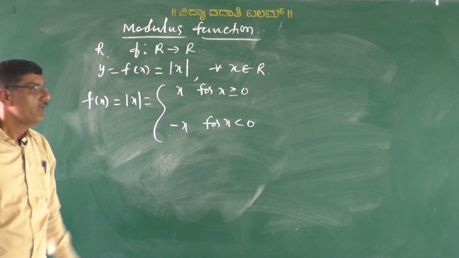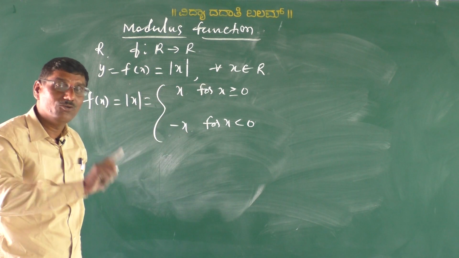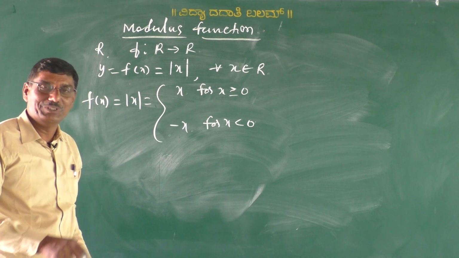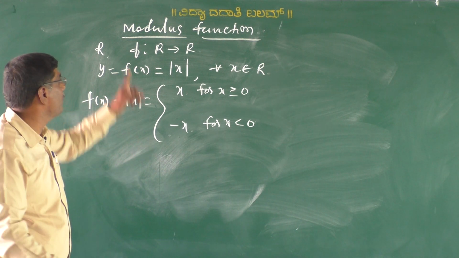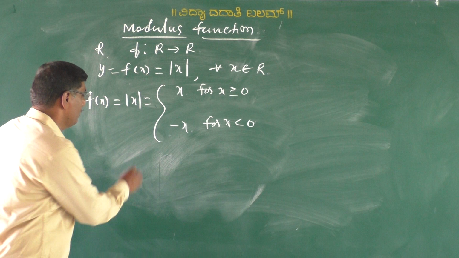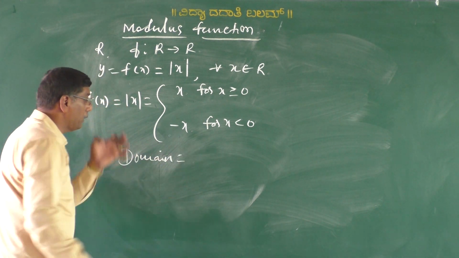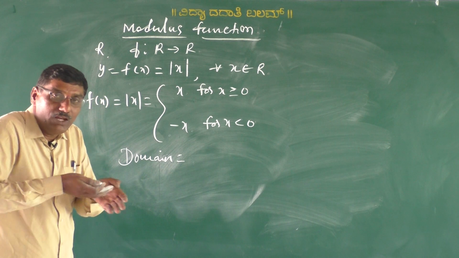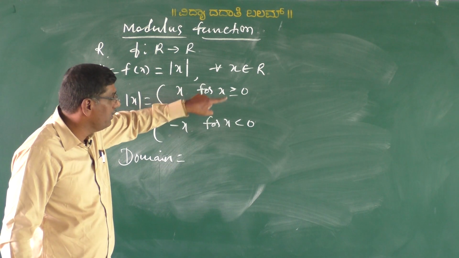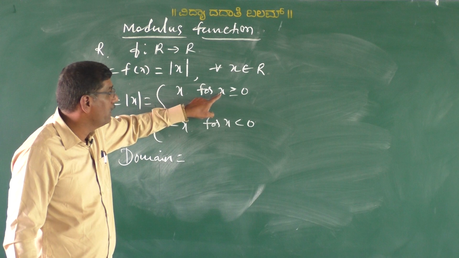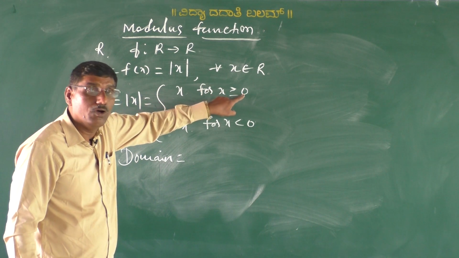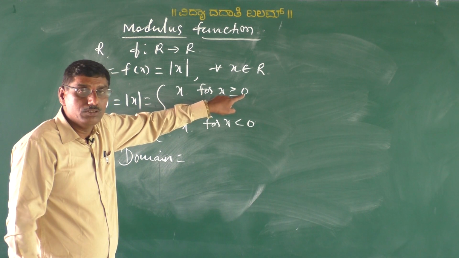Are you understood? Now from this we can write domain and range. Domain and range of a modulus function, my dear students. Domain of modulus function means we have to give the values for x. Already here we mentioned x greater than or equal to 0, including 0.